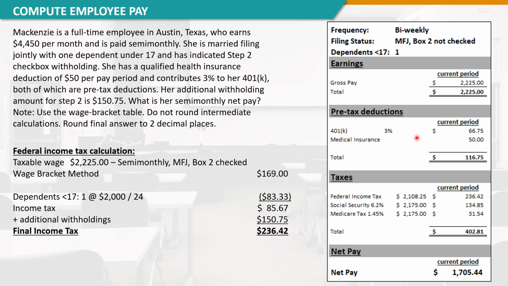Once we deduct the pre-tax deductions from the gross pay, the result is the taxable earnings of $2,108.25 for federal taxes and $2,175 for the purposes of calculating FICA, because the 401k deduction does not reduce the FICA taxable wage.